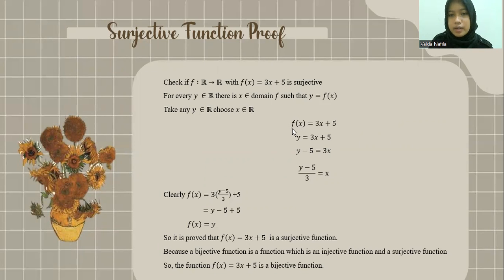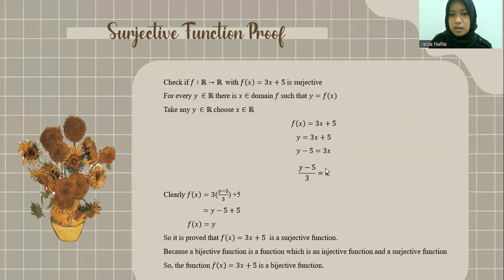Okay, f(x) equal y, so y equal 3x plus 5. We move 5 to the left side. So y minus 5 equal 3x. (y minus 5) over 3 equal x.